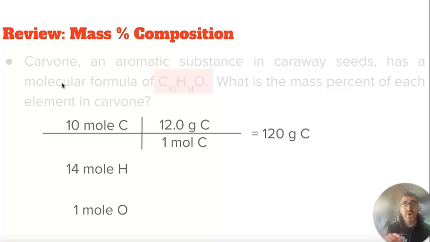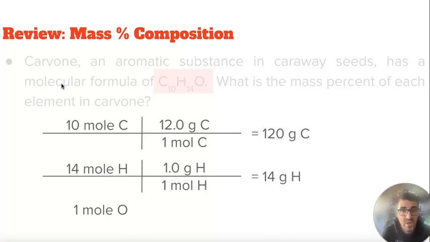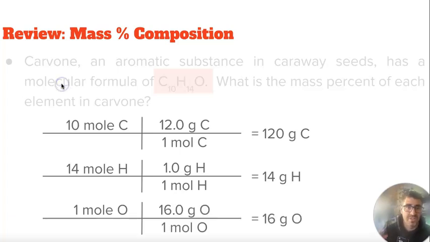Okay? So go ahead and do the same thing and determine the gram amounts of hydrogen and oxygen. The molar mass of hydrogen is 1, so that makes it an easy 14 grams. Okay, the molar mass of oxygen is 16. That gives us a total of 16 grams of oxygen. Okay.